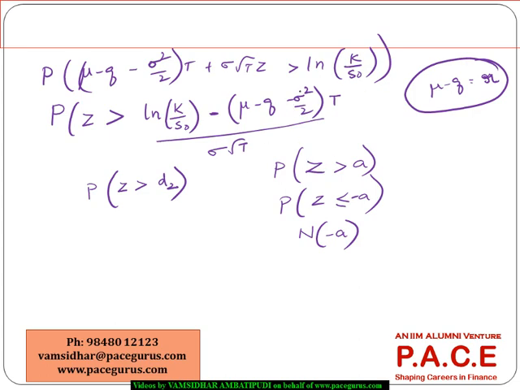N of minus a is a cumulative distribution of the normal distribution that can be estimated from our tables. Whenever mu minus q is the same as r, it becomes the probability of Z greater than d2, or probability of Z less than or equal to minus d2. Otherwise, it becomes N of minus d2.